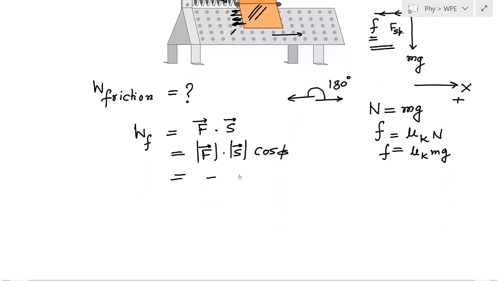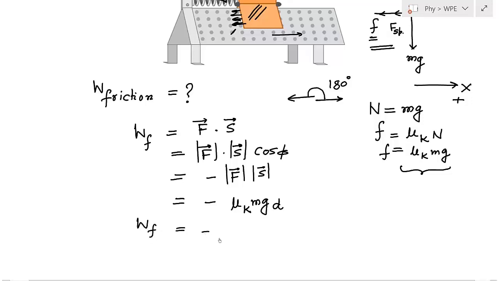So this work is simply magnitude of F and magnitude of S with a negative sign. Magnitude of F is the friction force, mu k mg, and S is the displacement, the maximum distance that this glider travels, which is d. So the work done by the friction force is minus mu k mg d.